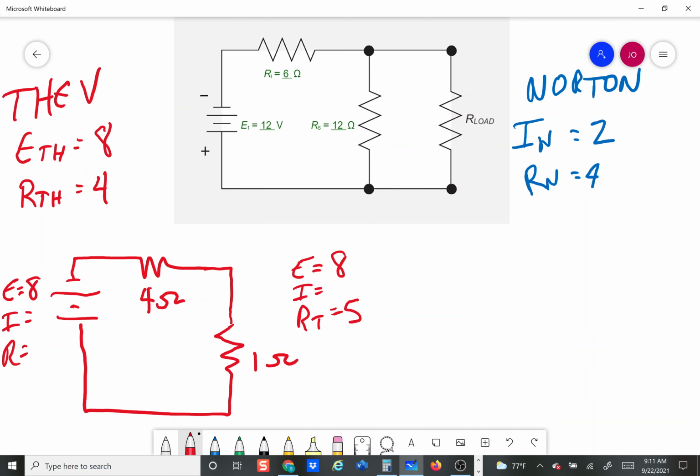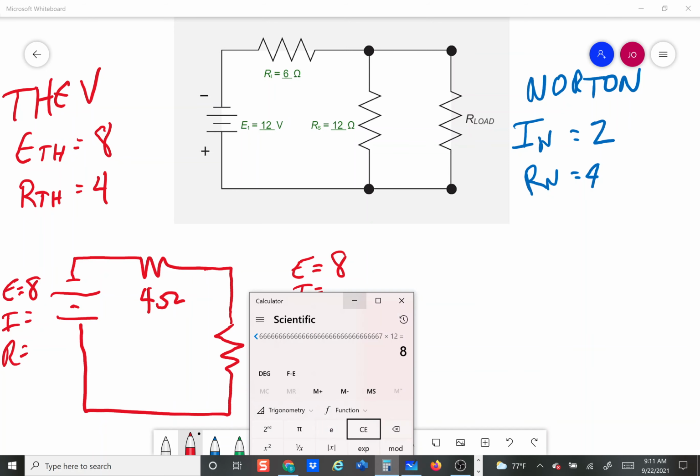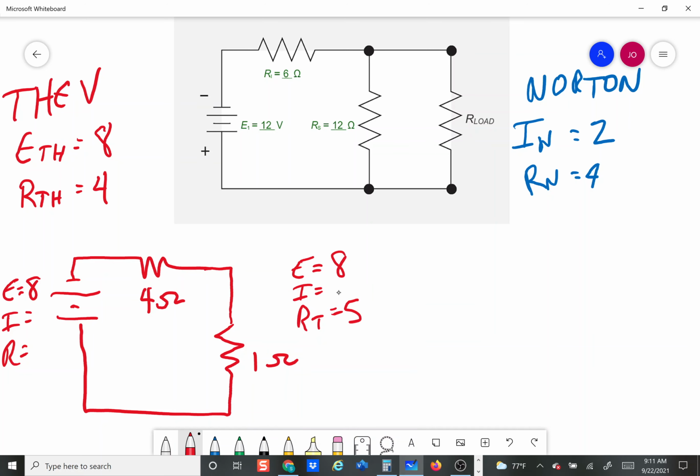So I'm going to solve 8 divided by 5, and that is going to give me 1.6 amps. So my 1.6 amps is going to be what my current flow is going to be. So I'm going to erase that, and my 1.6 amps is going to be applied to my load resistor.